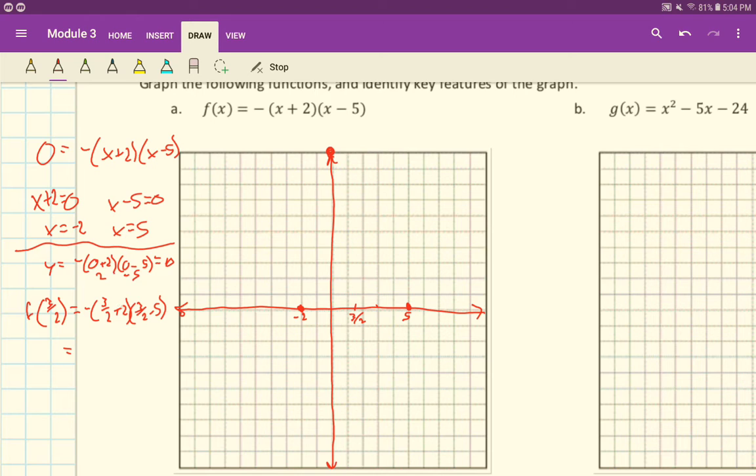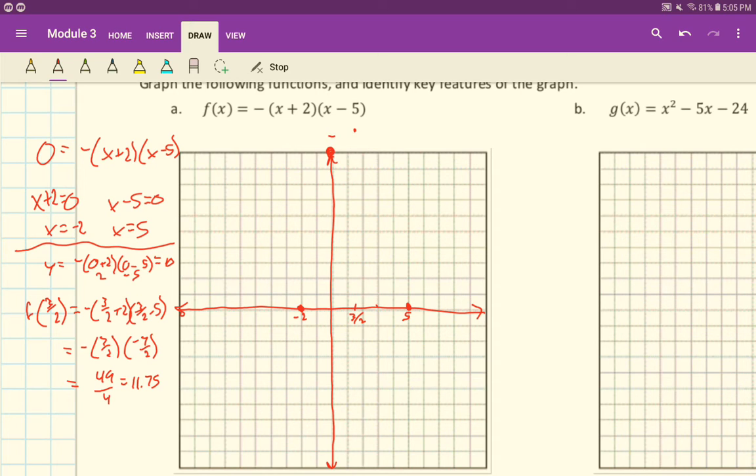And so let's see here, it'll be 7 halves times negative 7 halves, which if we multiply is going to be positive 49 fourths, which is 11.75.